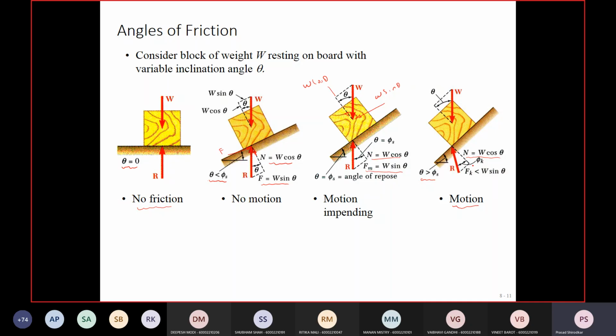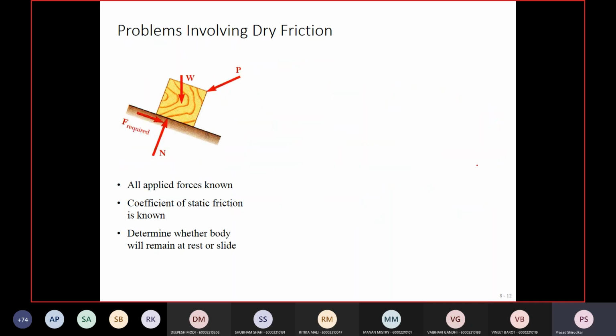Now let's see what happens when the system is inclined and a force P is applied. What kind of problems will you be solving? In the first case, all the applied forces are known and the coefficient of static friction is known. We have to determine whether the block will slide or remain at rest.